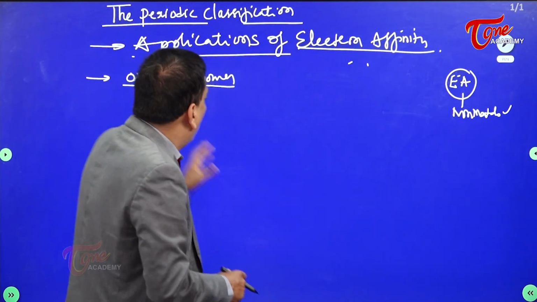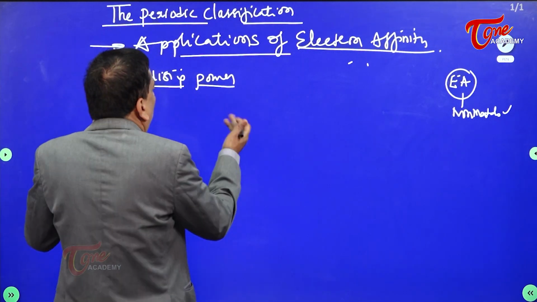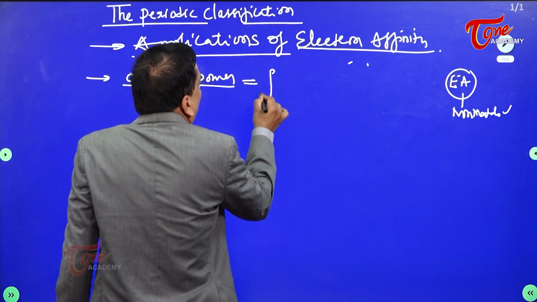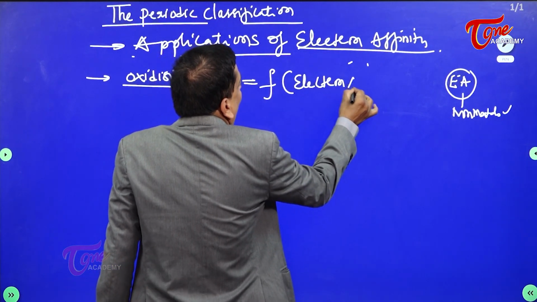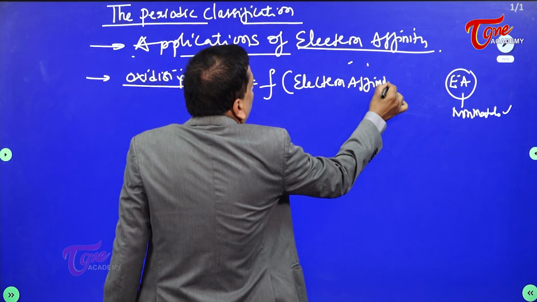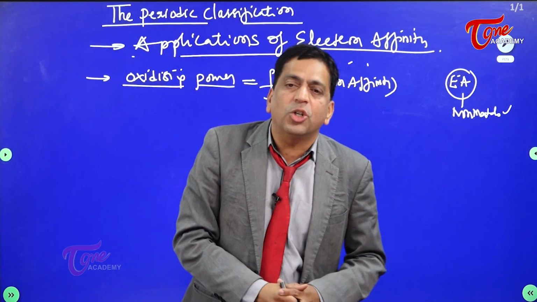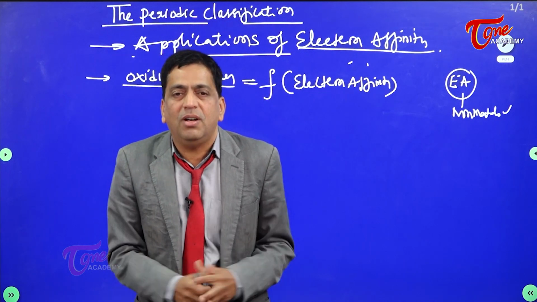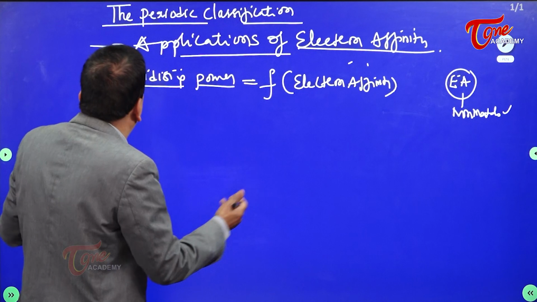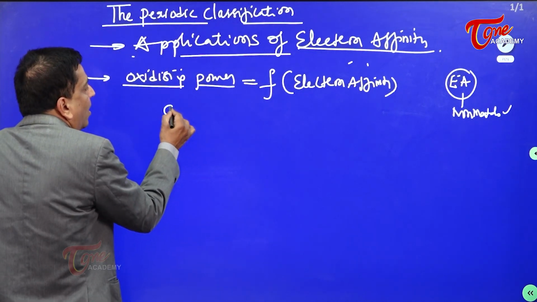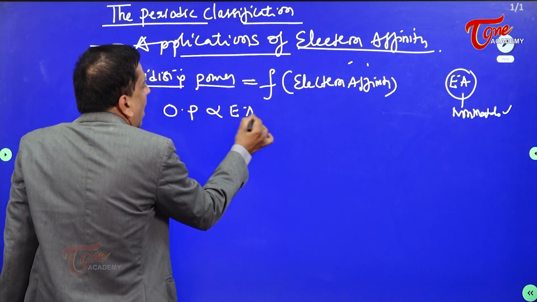I think you will also agree with me that oxidizing power must be a function of electron affinity. Oxidizing power must be a function of what? Electron affinity. In fact, the more the love for electrons, the more should be the oxidizing power. So the oxidizing power must be directly proportional to electron affinity.